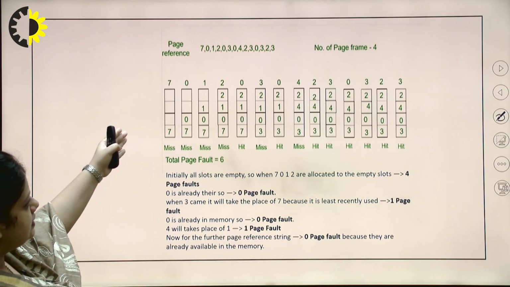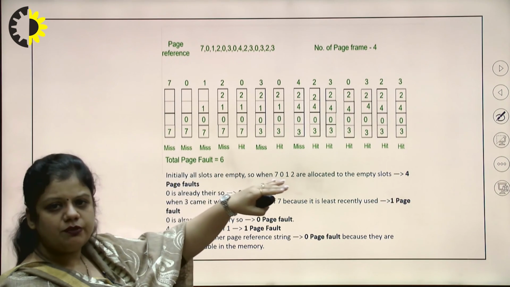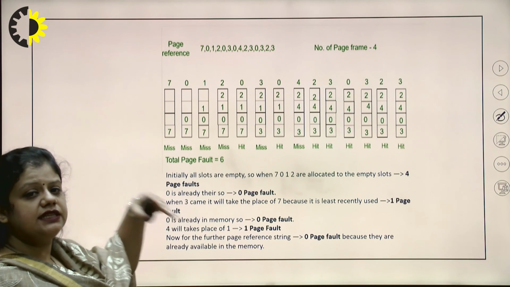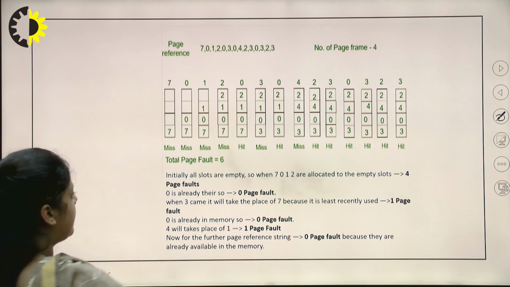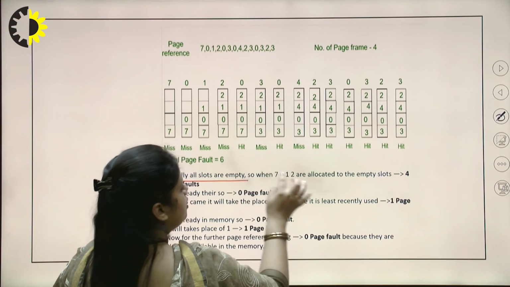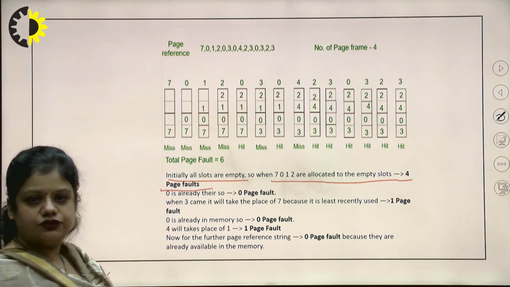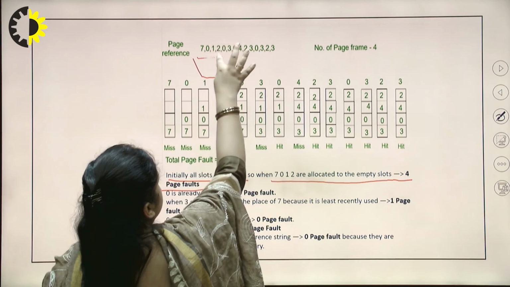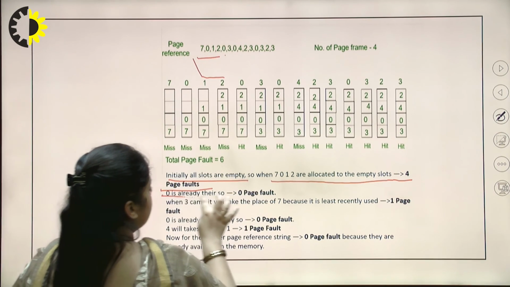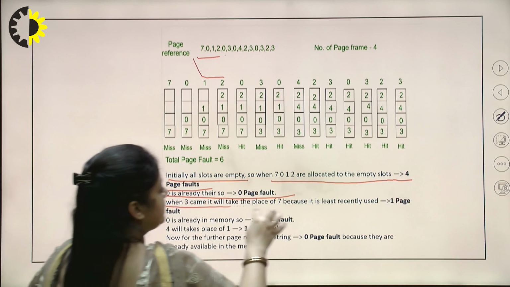So for the same question, here we are calculating the total page faults, and we are replacing the page which is least recently used. Initially, as I said, all these slots are empty. So 7, 0, 1, 2 are allocated the empty slots and there are 4 page faults. Then 0 is there, so 0 page faults. When 3 came, it takes the place of 7.